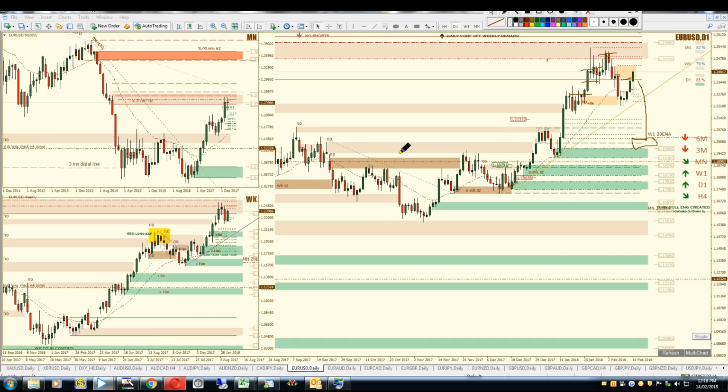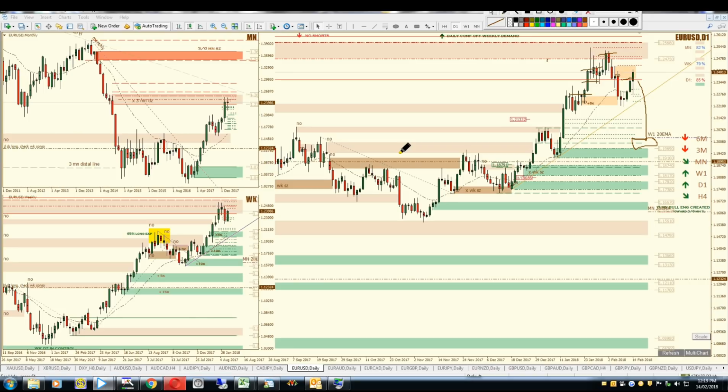And what you'll tend to see a lot of times is that when price drops from these profit-taking zones, there will be news that comes out into the market or economic data that will be released showing good signs for the euro to go higher.